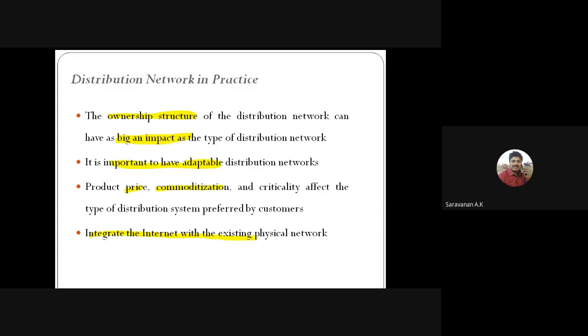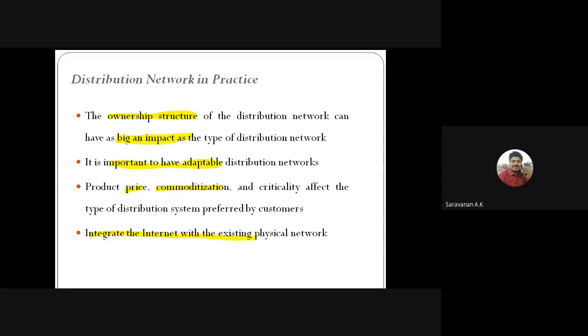While designing the network distribution, we have to consider whether the physical flow of the product will be in the ownership structure or not. If the company owns it, we can get good network actions. If it is with different customers, surely the performance will vary. Anyway, it's not possible for the manufacturer to own all the distribution channels, so some distribution channels will be owned by different kinds of people.